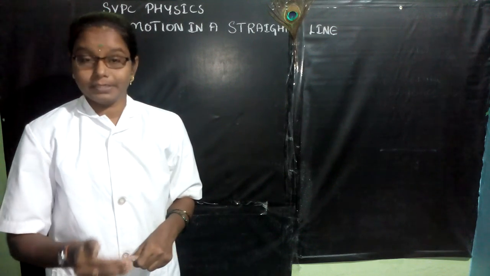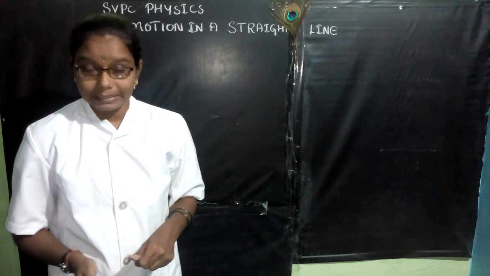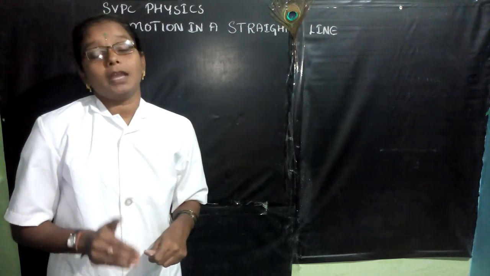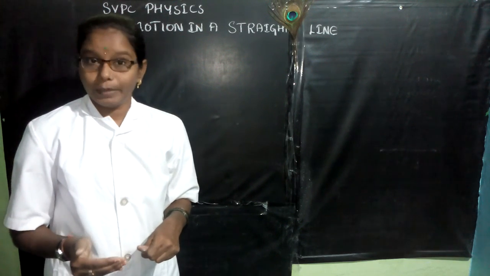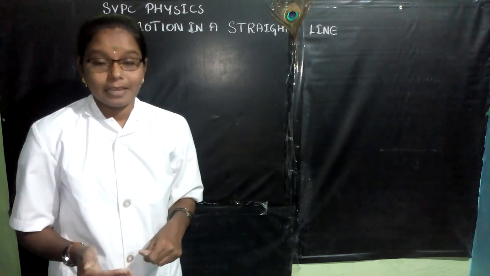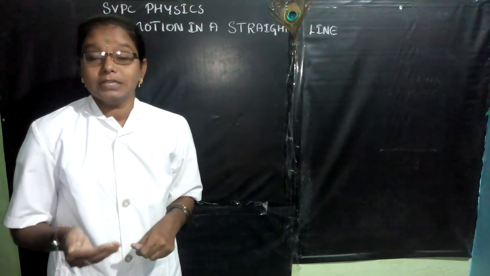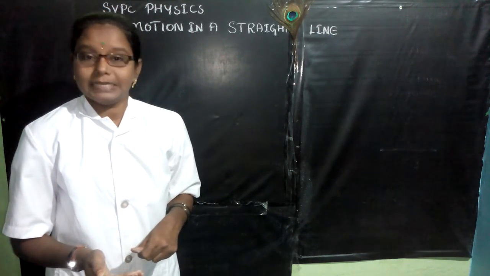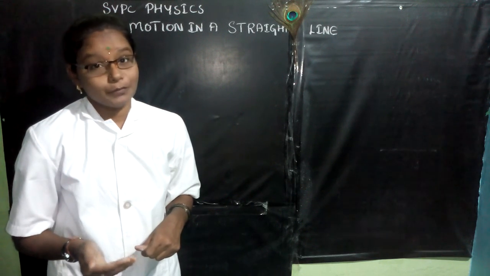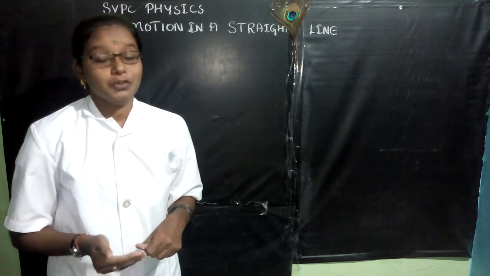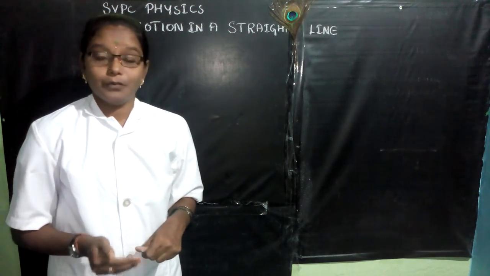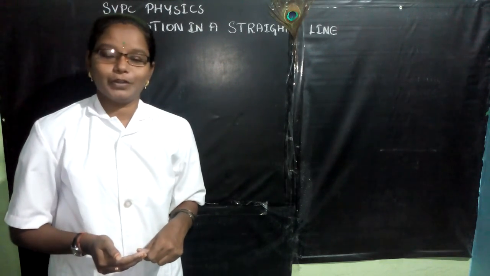A boy covers 2 meters in 5 seconds from A to B. Again from B to C, he covers 2 meters in 5 seconds. Again from C to D, he covers 2 meters in 5 seconds. So he covered equal distances in equal intervals of time. That's called uniform speed. Now we will discuss non-uniform speed.